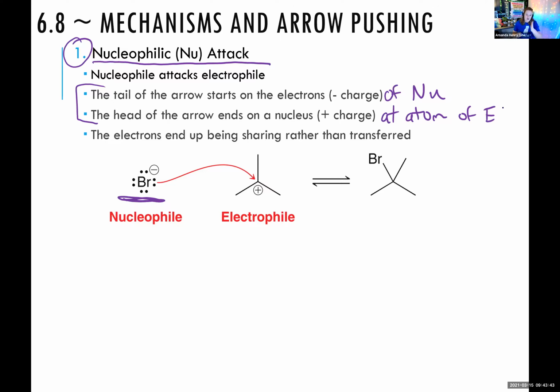Our arrow is going from the lone pair to that positively charged atom. This arrow is showing a bond forming. And so right here, I'm going to color it in. That new bond right there is the result of that arrow.